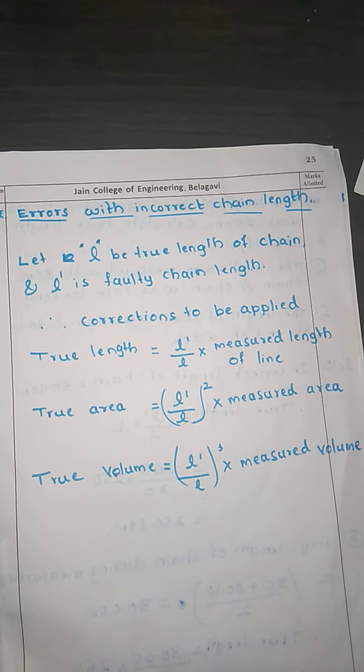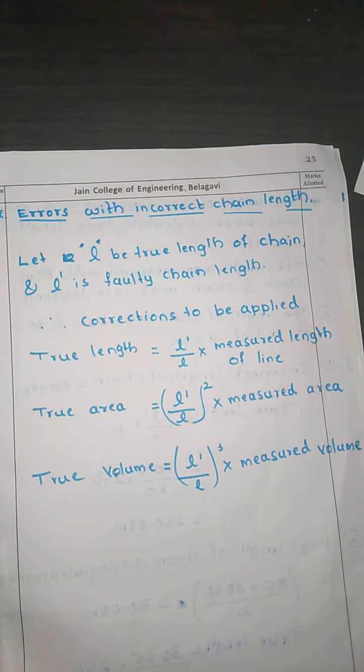If the chain is too long, then the measured distance will be less. On the other hand, if the chain is too short, then the measured distance will be more. I have explained this in the previous theoretical classes.